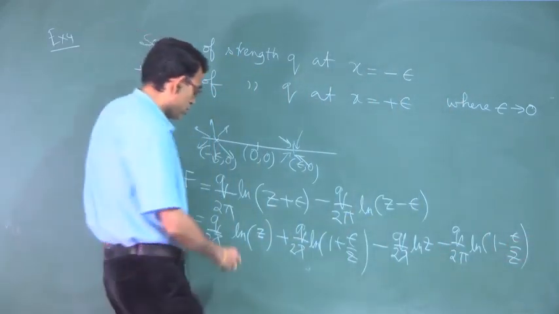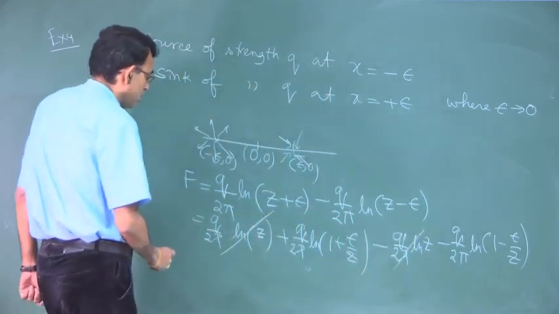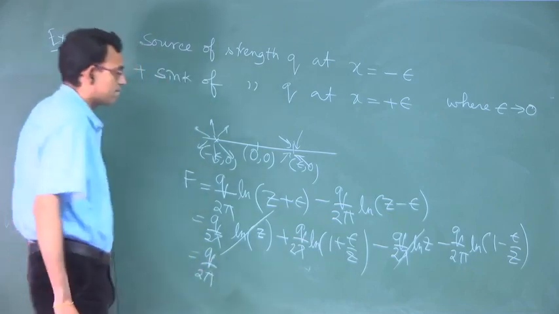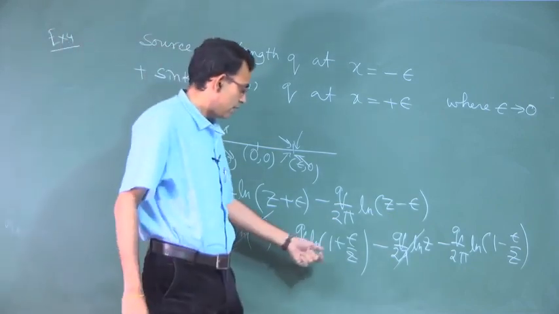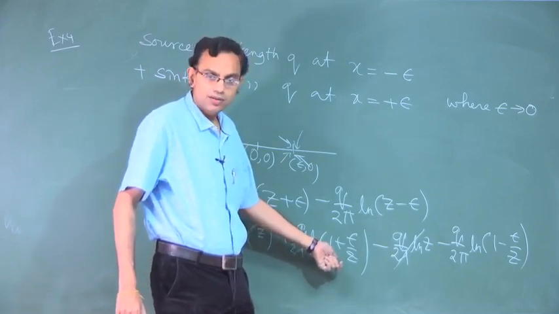So, this gets cancelled. So, q by 2 pi, we can expand this in a logarithmic series if epsilon is small.